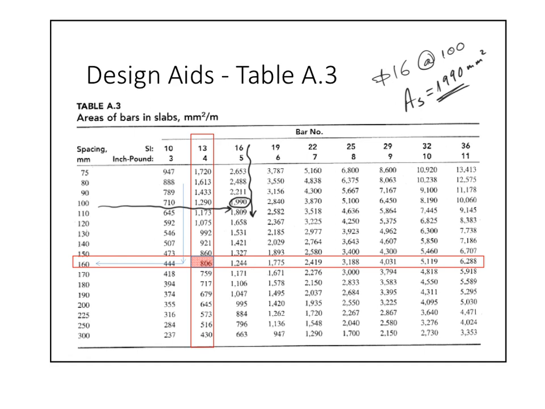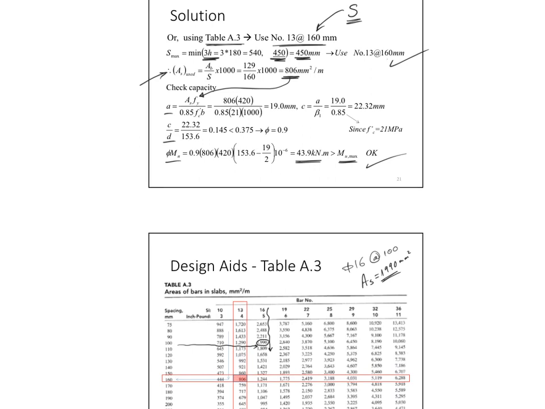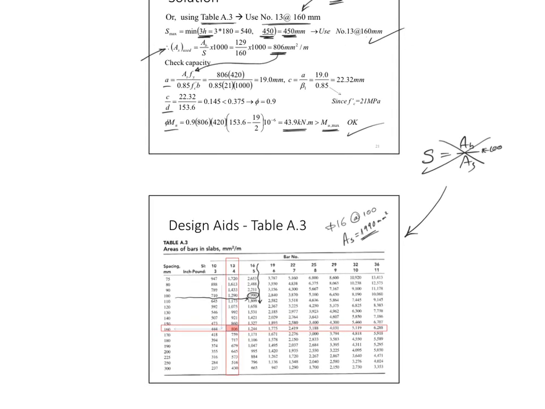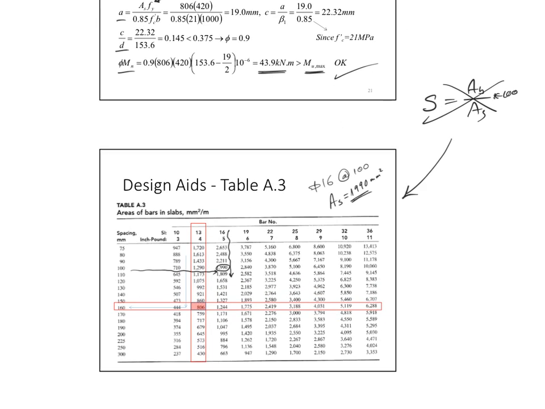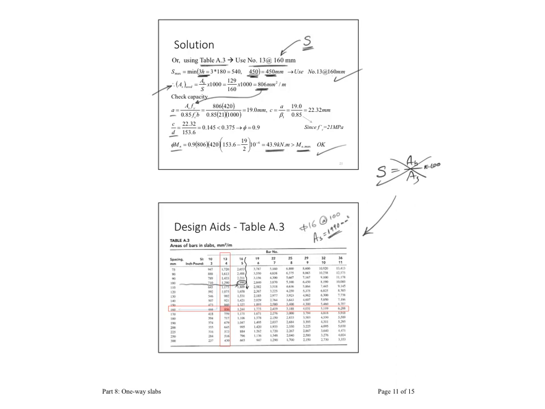This table is very simple and very handy. It makes life very easy. So you don't really have to go with this S equals AB over AS times 1000. You can just directly use the table because the table goes every 10 centimeters or every 10 millimeters increments between the spacings.